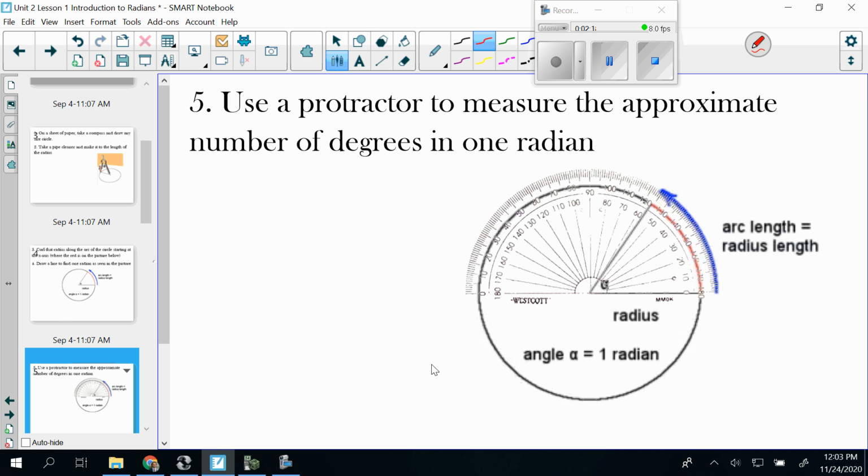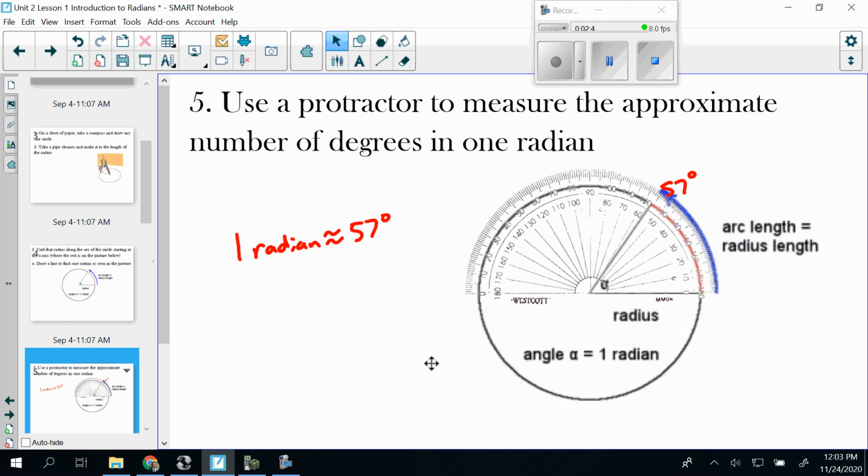It might be about 57 degrees or so. So 1 radian is approximately equal to 57 degrees. Now, is that something you need to memorize? Not that specifically, but we're going to expand on that.